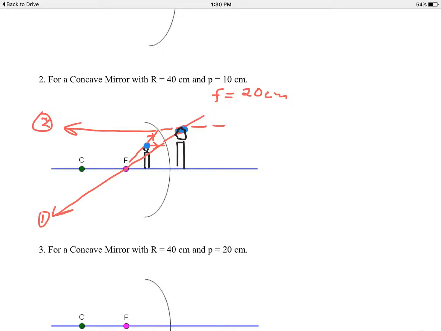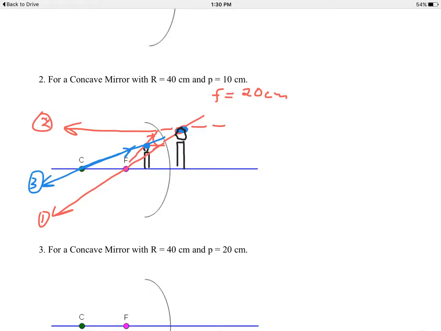Alright, and you can also see here that I skipped step 3. I'll use a blue ray for that one, because this is optional. You do not need to draw all 3 of the special rays, but the third ray would have been the ray that passes through the center of curvature, goes through my object point, which is the flame of the candle, hits the mirror, and bounces straight back onto itself once again. That would be ray number 3.